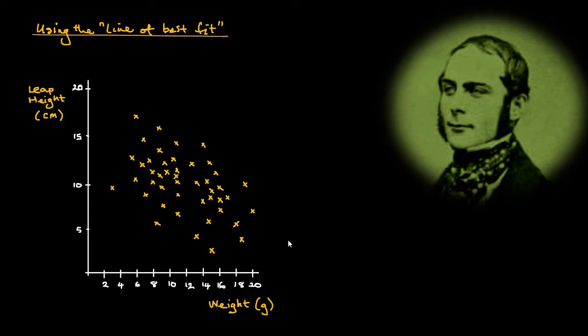Okay, so the problem then becomes, can we find the pattern that we saw in the diagrams in part 1? And to do that, a very good idea is to start with the line of best fit. Now, with a scattering of data like this, it's hard to see where you're going to draw that line. But the very first thing you want to say is, well, have I got any correlation whatsoever?